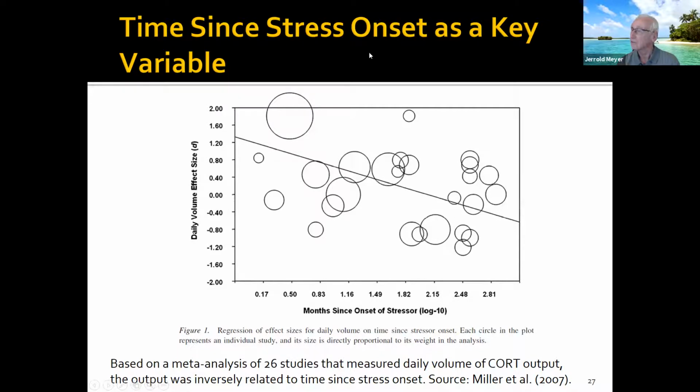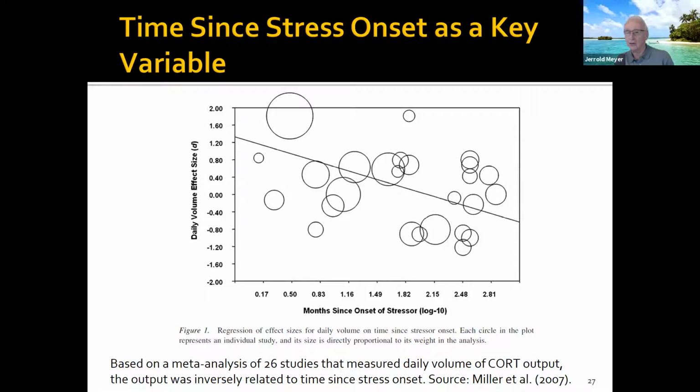And here, the zero value would mean no change in cortisol output. So there's a zero here, which corresponds to roughly here on the line. So these are studies with positive effect, more cortisol output, and after the zero, down here are the studies with a negative. And this is the best fit line.